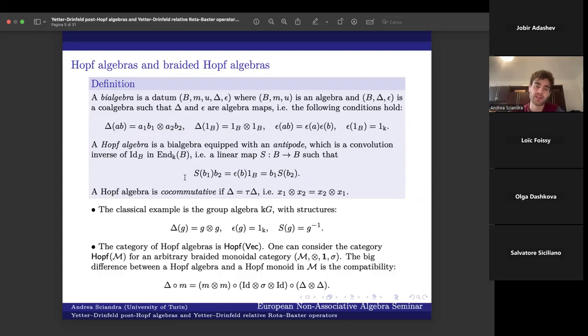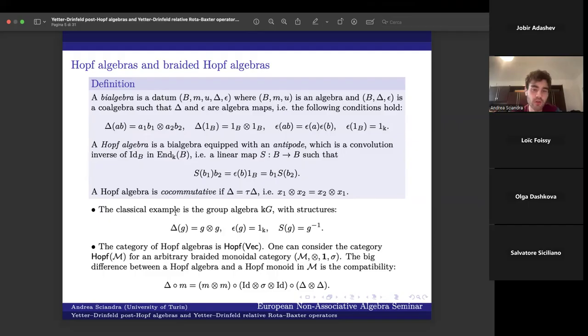A Hopf algebra is, in fact, a bialgebra together with an antipode, which is a convolution inverse of the identity in the K-endomorphisms of B. So it is just a linear map from B to B such that this condition is satisfied. Again, B1, B2 just mean the coproduct applied on B.